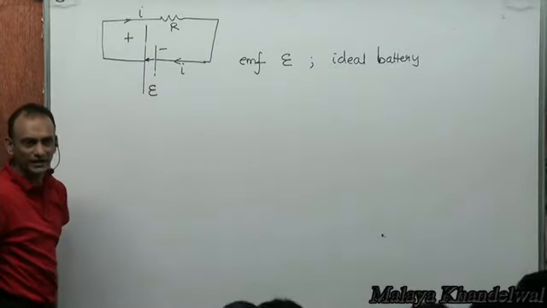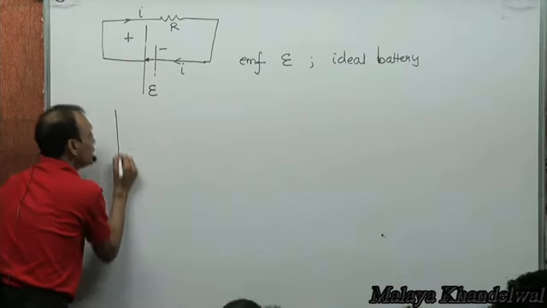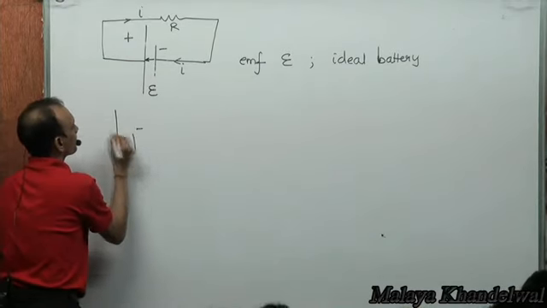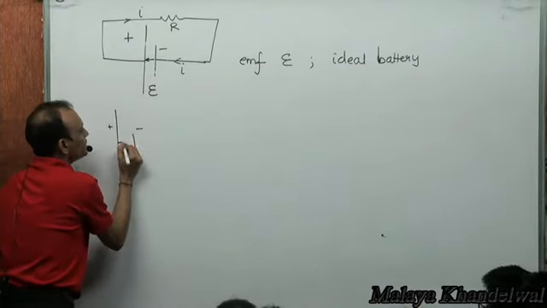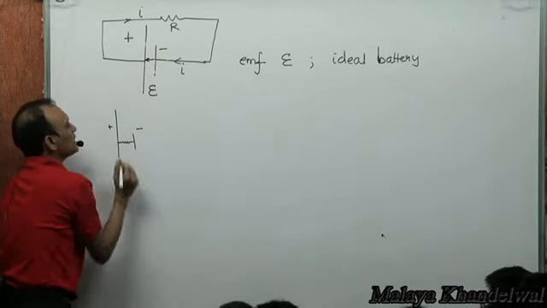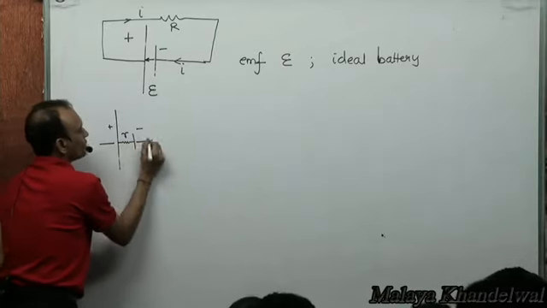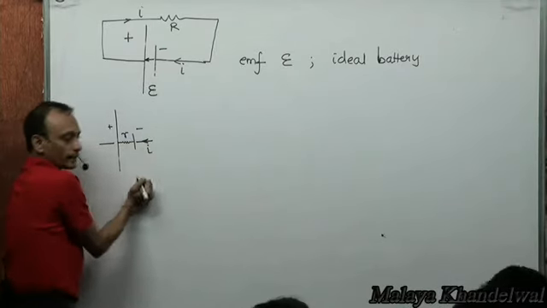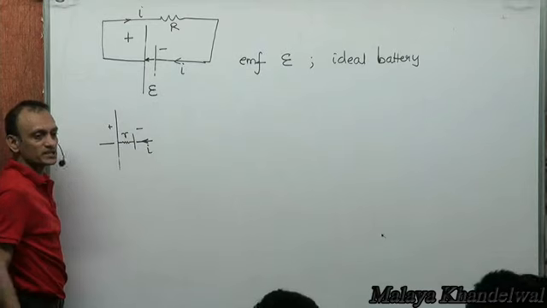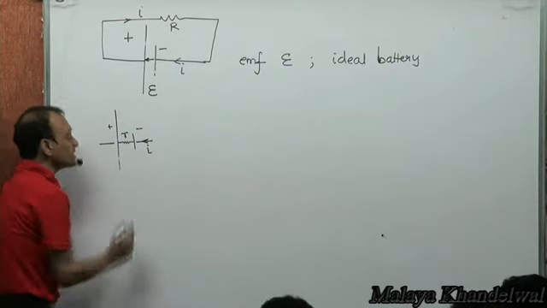That's an ideal battery. But in a real battery, this region itself will pose a resistance small r. For the current I, this itself will pose a resistance small r. That's a real battery.